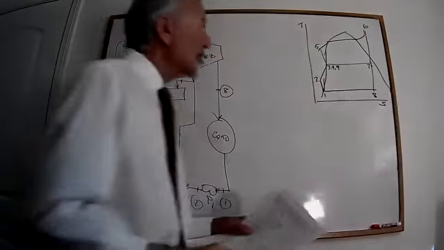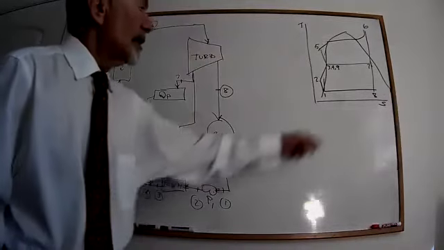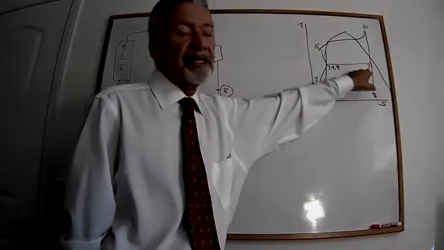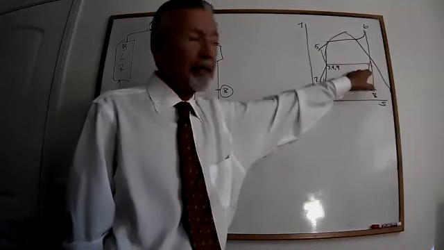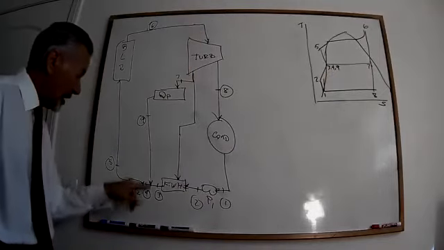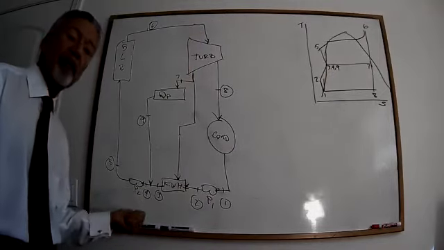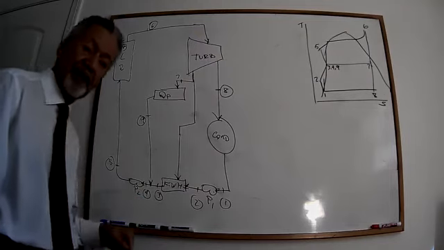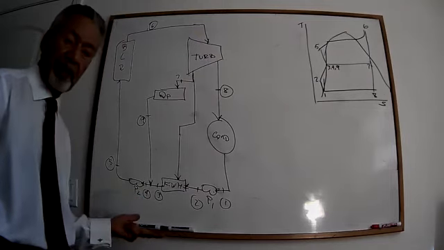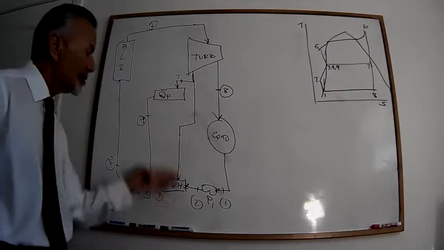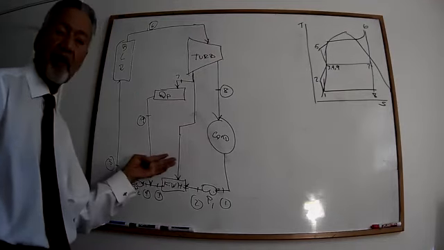Now, this is the TS diagram. In a cogen, we never put the point 7 in a mixture because it doesn't work. Having this point 3, 4, and 9 merging at one point, assuming all three of them have the same temperature, that's impossible. So that's why nothing in this concept is going to work.